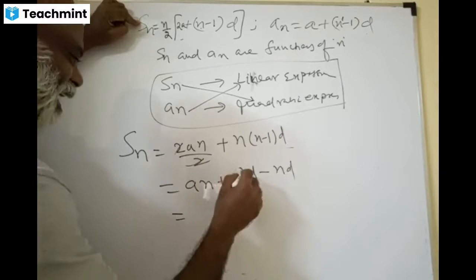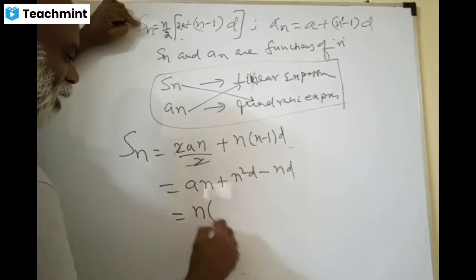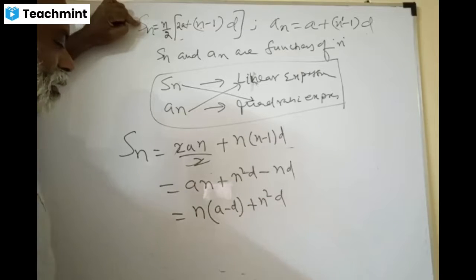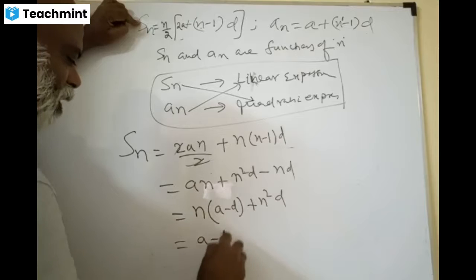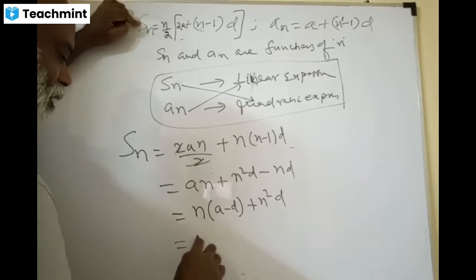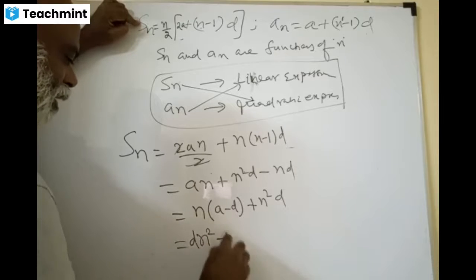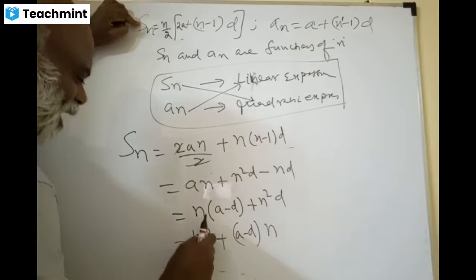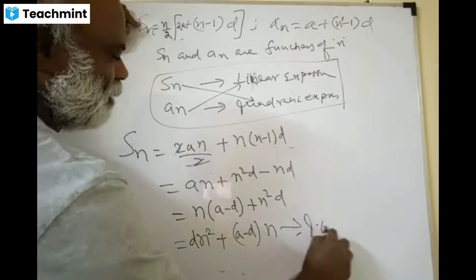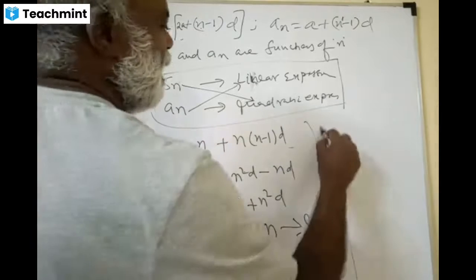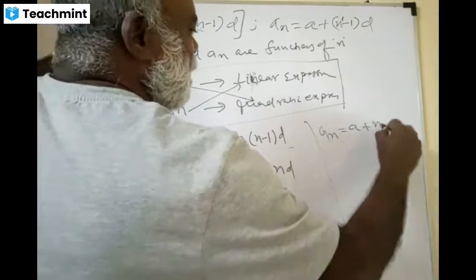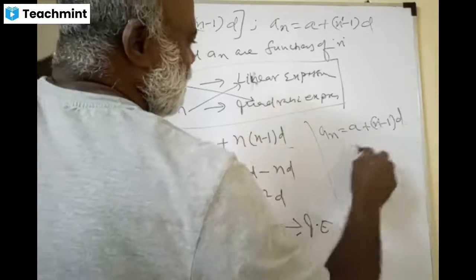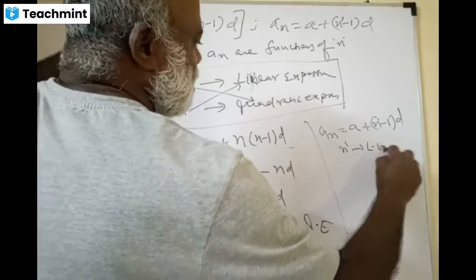So n you take common: a minus d, plus n square d. You can write in order: d n square plus (a minus d) into n. Now n square is there, so it's a quadratic expression. And An is a plus (n minus 1) into d, a linear expression because n power 1.